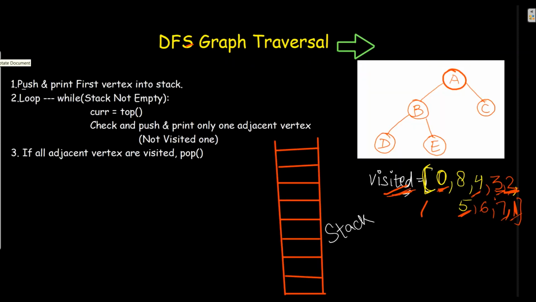Now coming to DFS, first we are pushing the first vertex. The first vertex is A. So here we get A and push it into the stack. Then it checks whether the stack is empty or not. Then we have to check its adjacent vertices, which are B and C. But here we need to take only one adjacent vertex, which is also a difference.